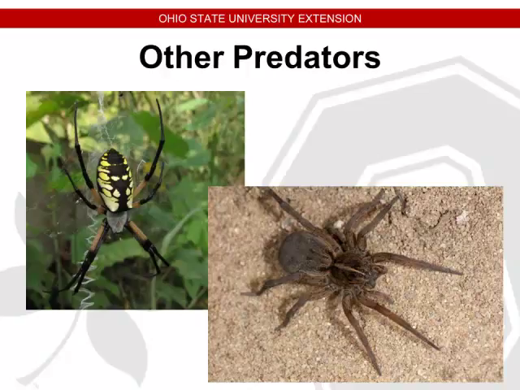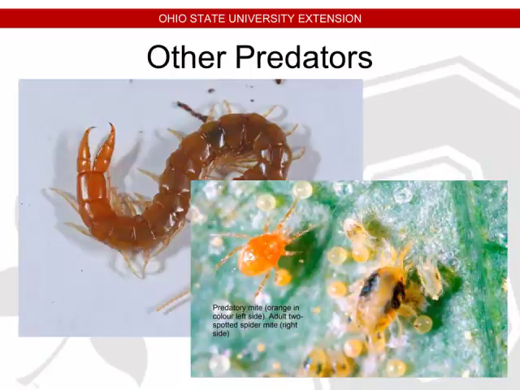Multitudes of spiders out there, such as the black and yellow garden spider, wolf spiders. These too will start increasing in populations in no-till fields. Ground predators like centipedes and even predaceous mites will become much more common in no-till situations. So these are positive insect and insect relatives that will increase.